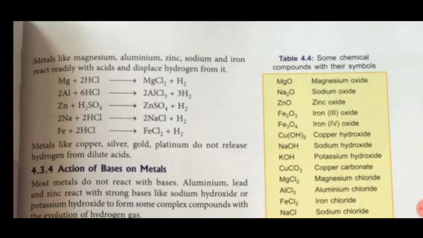And there is one more exception within this exception. We are saying that HNO3 on reacting with a metal doesn't produce hydrogen gas. But with this same acid, there are two metals, only two metals, which on reacting with this acid also produce hydrogen gas.